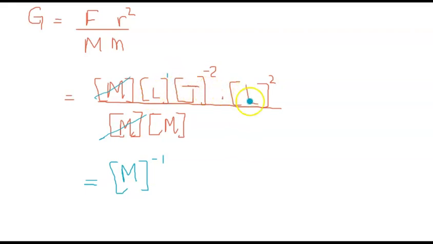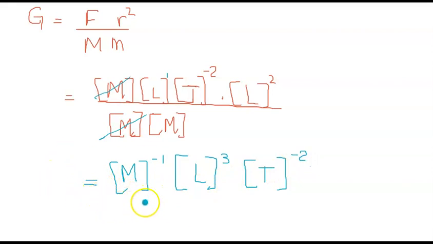When the base is the same, we add the powers: 2 plus 1 is 3. Then we have T to the minus 2. So these are the dimensions for G: M to the minus 1, L cubed, T to the minus 2. That will be your answer.